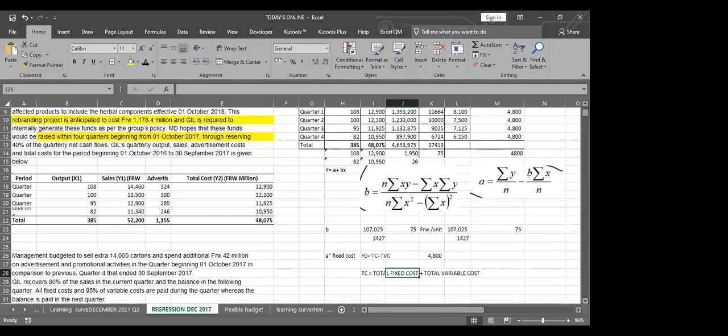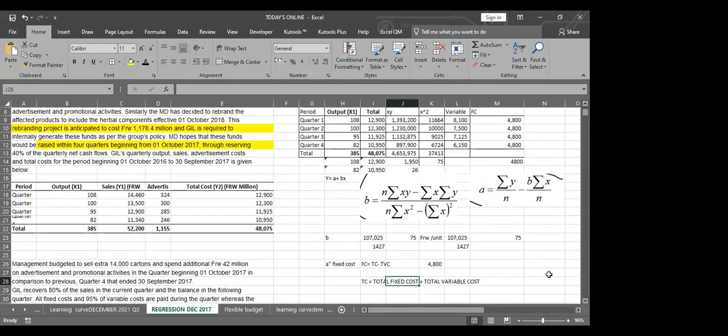Yes. How did we find this TVC, total variable cost? It is already here. You have variable cost per unit here. Variable cost is the easiest part of this.